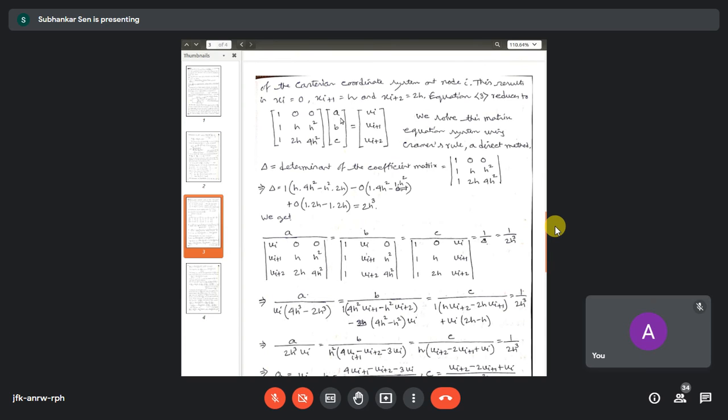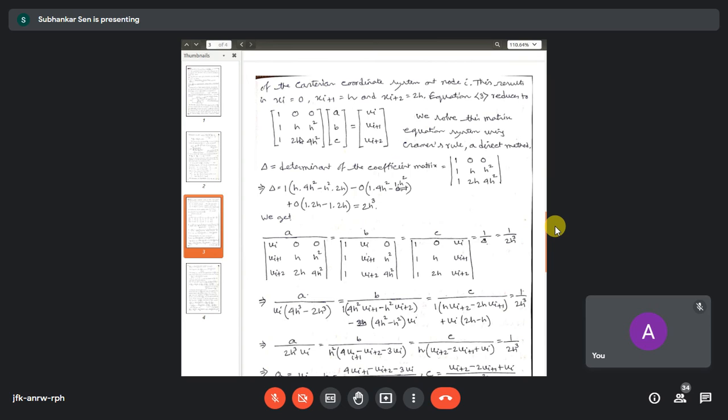So what is happening is that this right hand side vector we substitute in the first column, okay, for the first unknown. This is the method actually, this Cramer's rule method. So A divided by a determinant, where we keep on substituting the column. Okay, maybe this column we substitute by the right hand side, depending on the requirement.